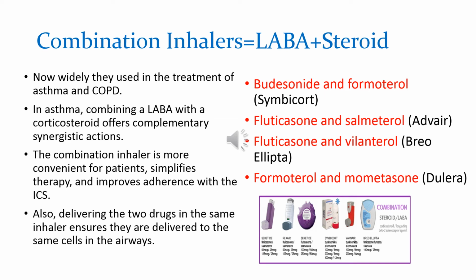Currently, there are combinations of beta-2 agonists with corticosteroids. For example, budesonide and formoterol, brand name Symbicort; fluticasone and salmeterol, Advair; fluticasone and vilanterol, Breo Ellipta; formoterol and mometasone, Dulera. Now widely used in the treatment of asthma and COPD. In asthma, combining a LABA with corticosteroids offers complementary synergistic actions.